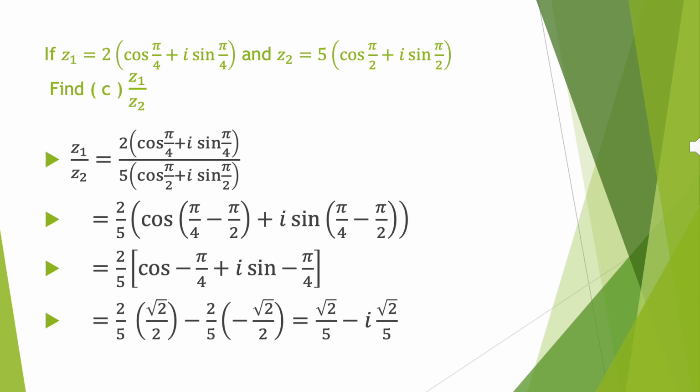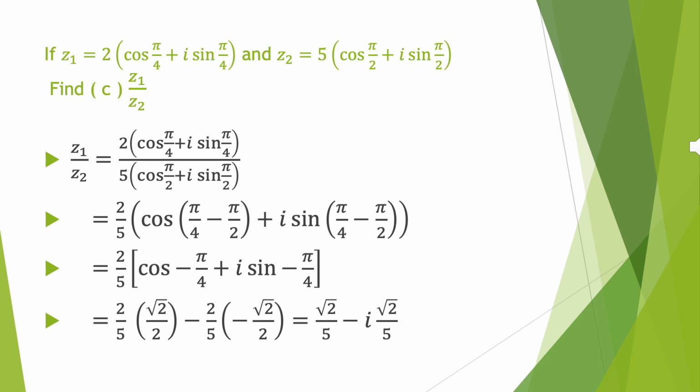Question c, z1 divided by z2. So z1 divided by z2 equals 2 cis pi over 4 divided by 5 cis pi over 2. So we just do the division 2 over 5 and subtract the arguments, pi over 4 minus pi over 2.